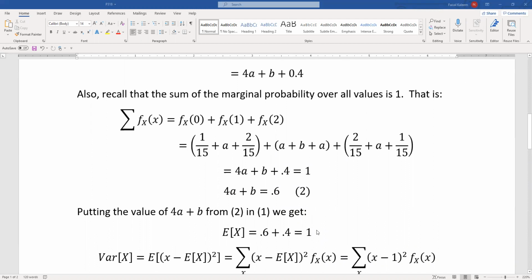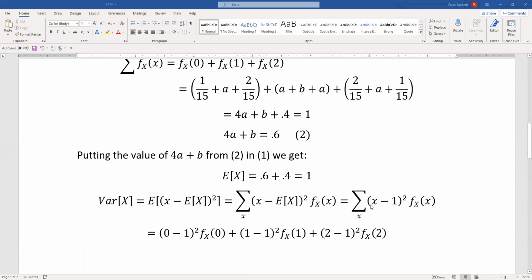And now usually we get variance of x by E of x squared minus E of x whole square. But remember that the basic formula for variance, when we learned variance for the first time, was this one: the expected value of x minus the mean whole square. And this one is more convenient here because we already have the mean, which is 1.